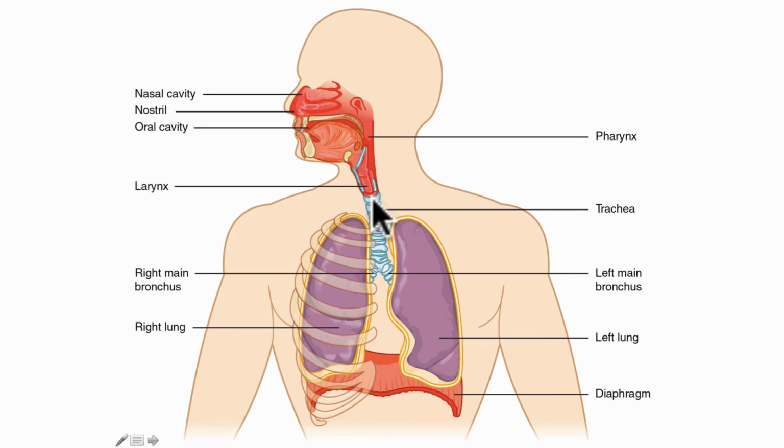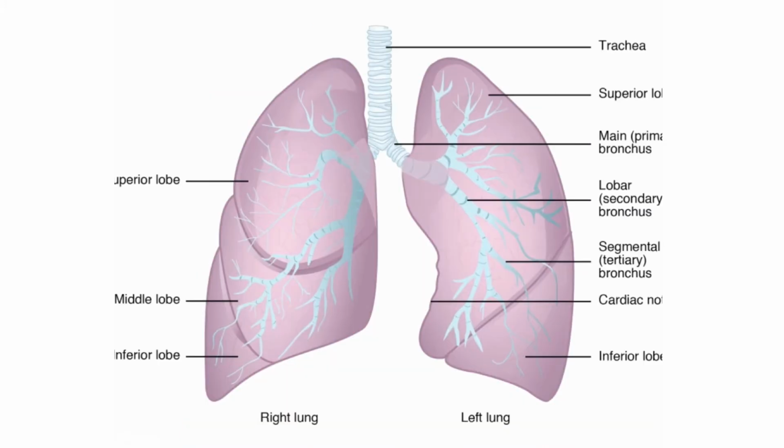Inferior to the larynx is the trachea, which is composed of hyaline cartilage, which divides into a right and left bronchi, going to the right and left lungs respectively. Inferior to the lungs, we see the diaphragm, which is the main muscle of respiration. If we take a look at this, this is the trachea.